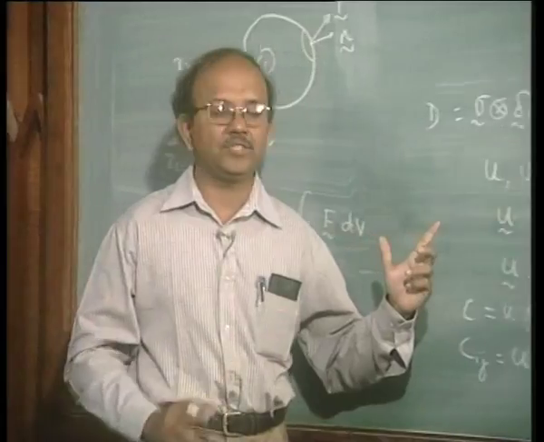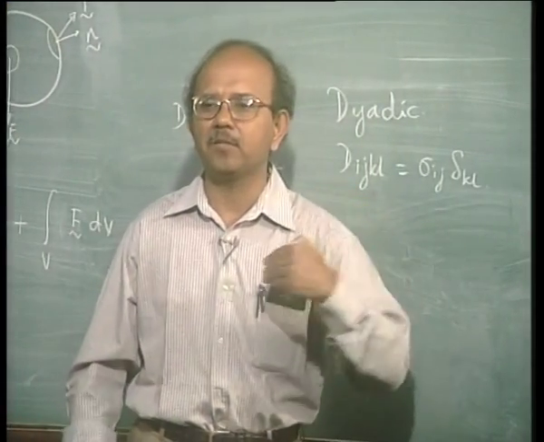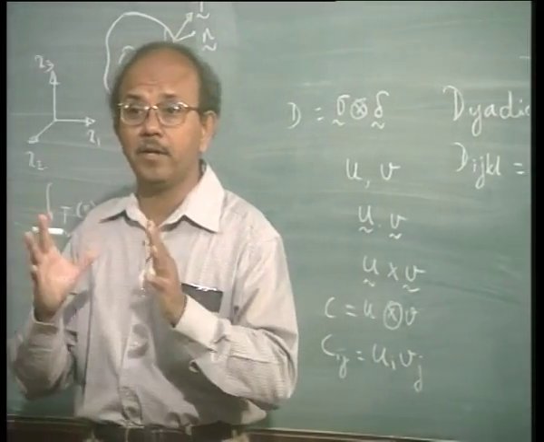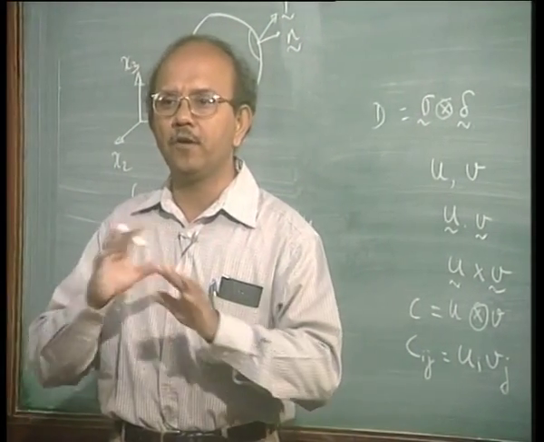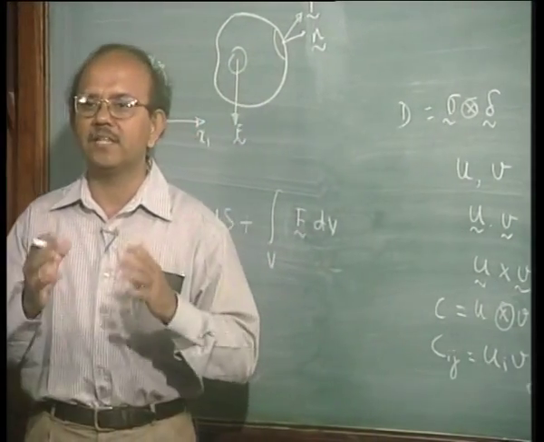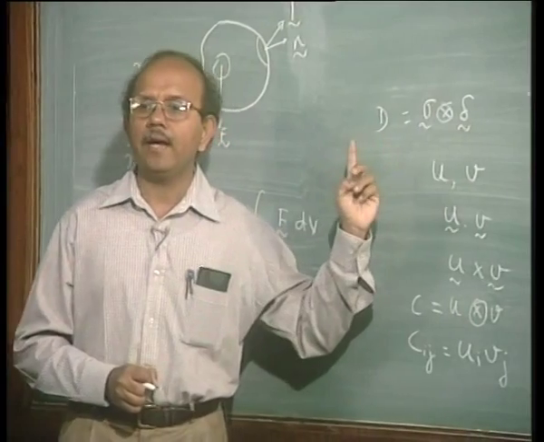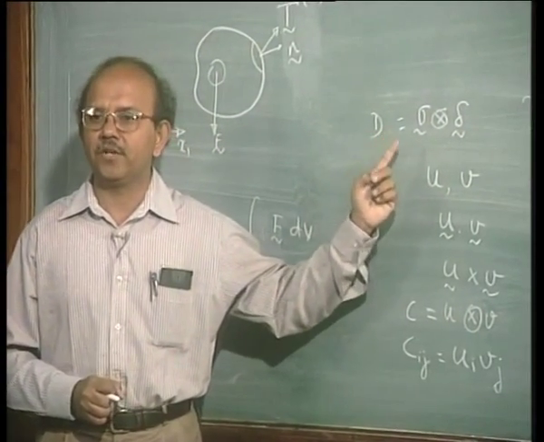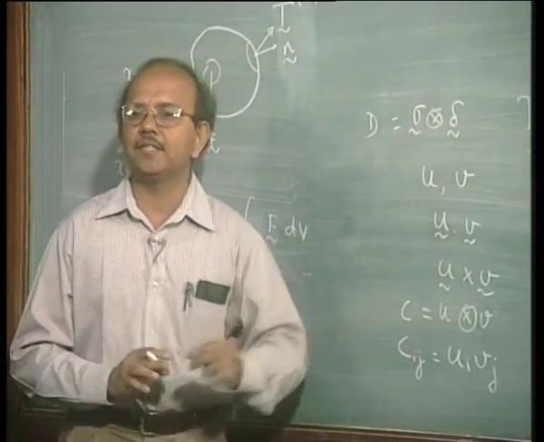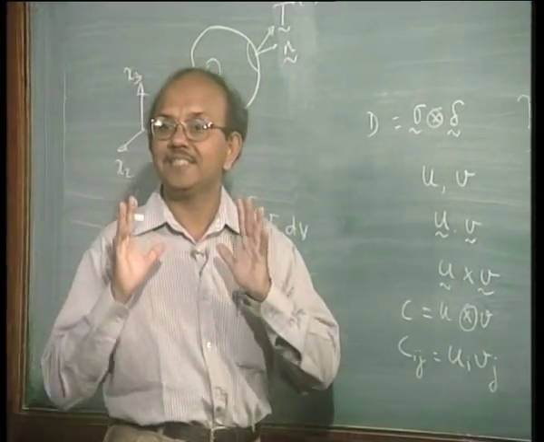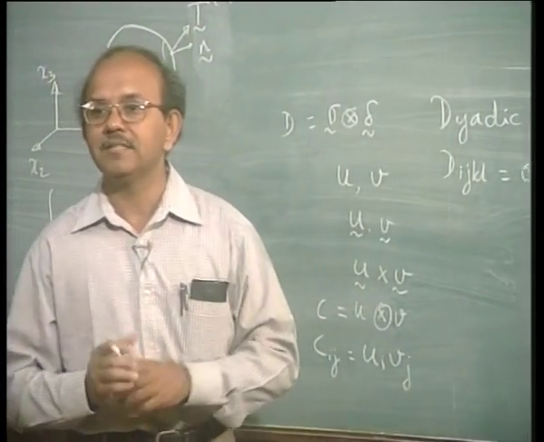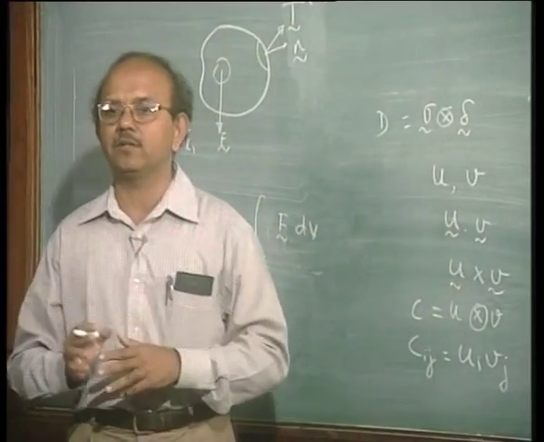Now this takes you to a slightly higher mathematical plane, and that is going to form the basis of your further understanding of subjects like this. What is that plane and what is that understanding? When I prove or show that stress is a second order tensor, I have not yet done it, that requires some more rigor, but nevertheless when I show that stress is a second order tensor, I am bestowing on it certain qualities of a second order tensor.